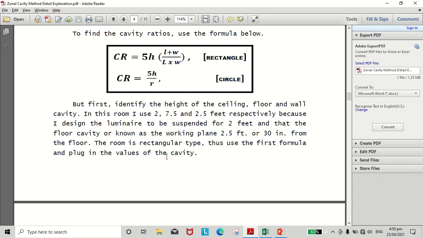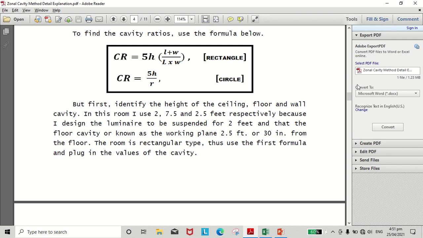The cavity ratio is based on the level at which you design your lamp, the height from the working plane upward.